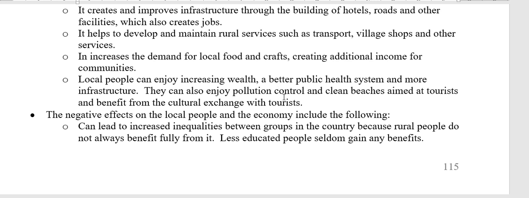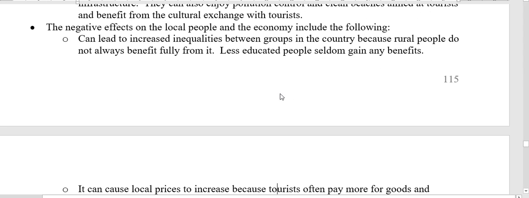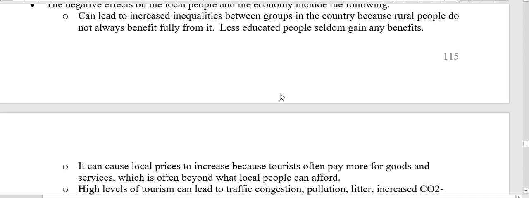Right, but on the negative side, it can lead to more inequality. It depends on how we manage tourism. Okay, at the end of the chapter, we're going to look at this again.